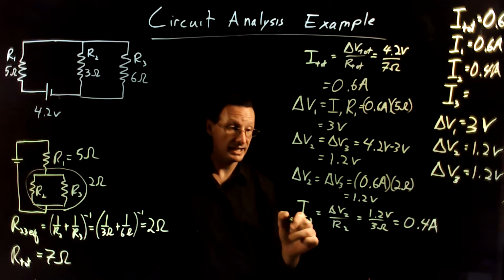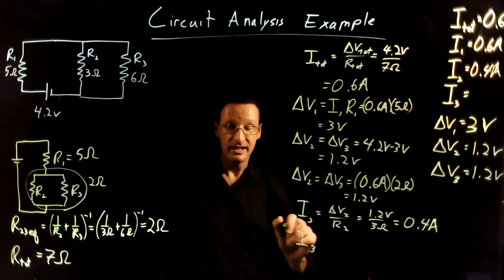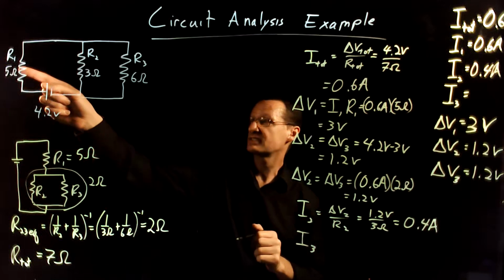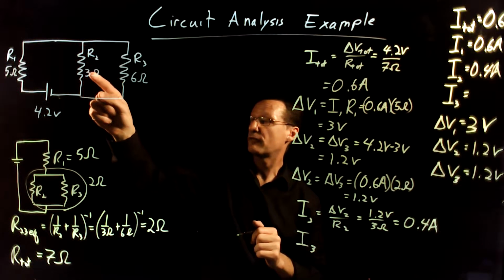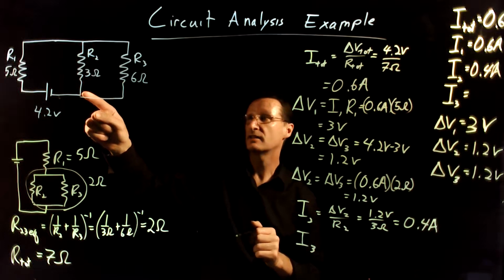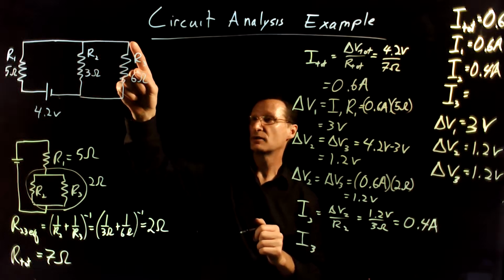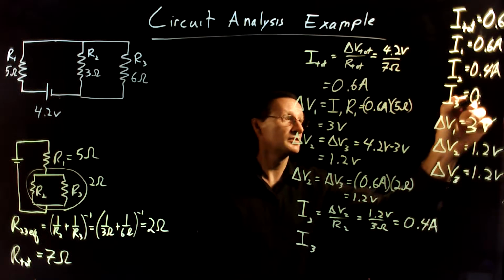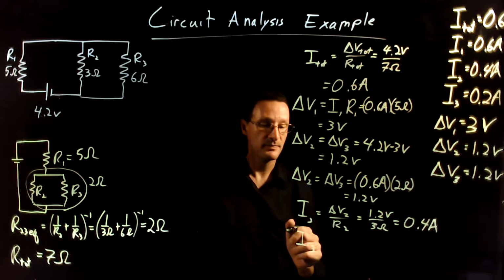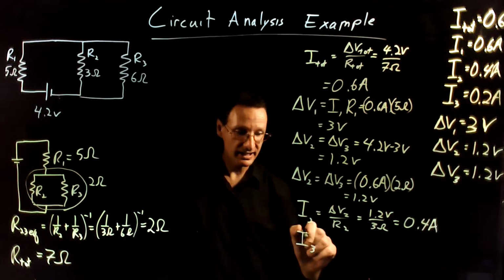Now, one way to get I3 is to note that if I have 0.6 coming through here, that's the total current, and 0.4 of that goes through here, that means I have left over 0.2 going through here. So this has to be 0.2 amps. I can check that though.